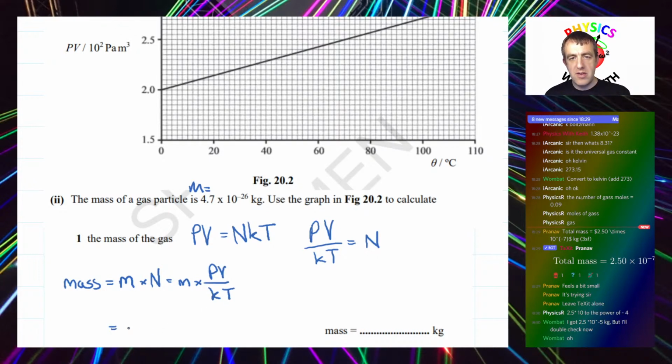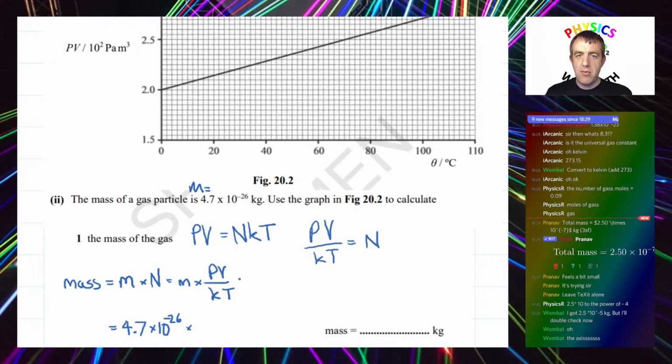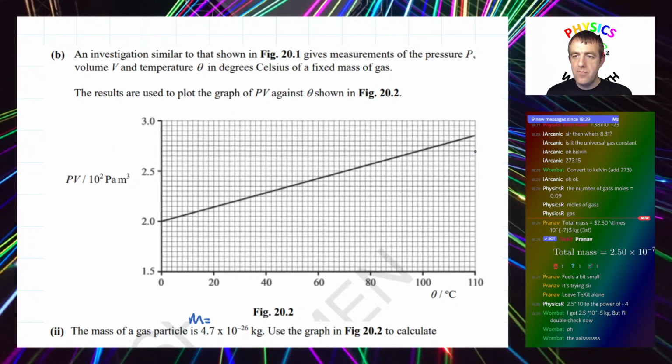So let's pop some numbers in here. 4.7 times 10 to the negative 26 kilograms multiplied by, now pressure times volume. What I'm going to do is use this number up here. And reading across, I need to be careful of this scale. 1, 2, 3, 4, 5, 6, 7 tenths of the way between 2.5 and 3.